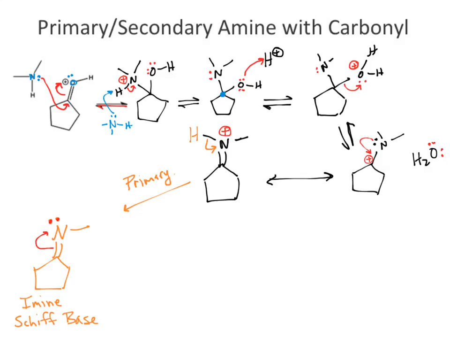Okay? So what happens if it's secondary? Okay, so here's where I get the benefit of an eraser. Now it's no longer a hydrogen. Now I'm saying I've got carbons out here. And I don't care how many carbons, so I'm just going to leave them as carbons. Does our nitrogen want to be positive?